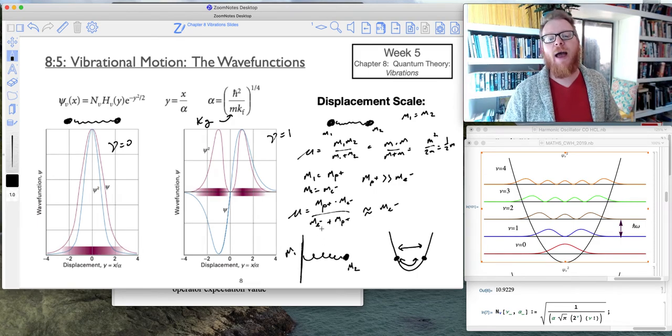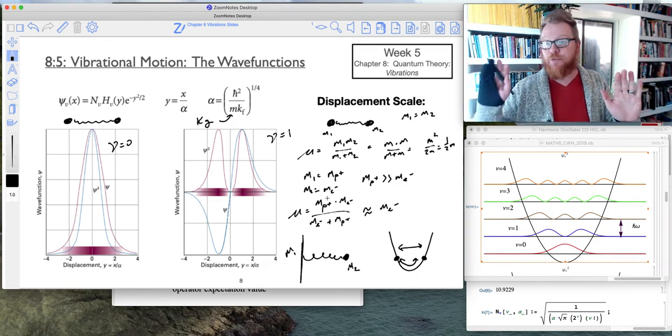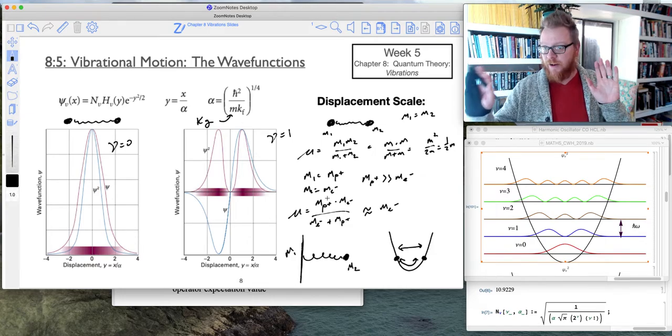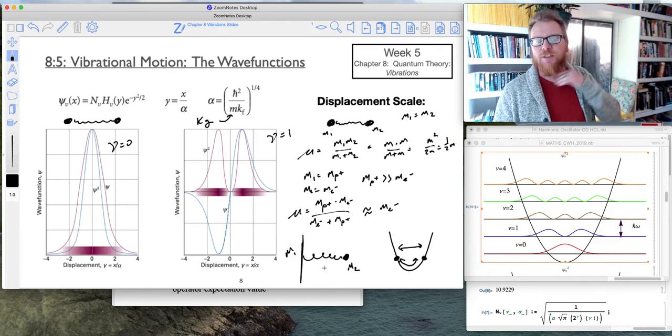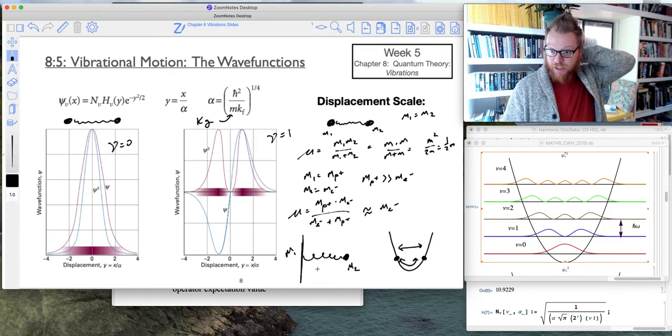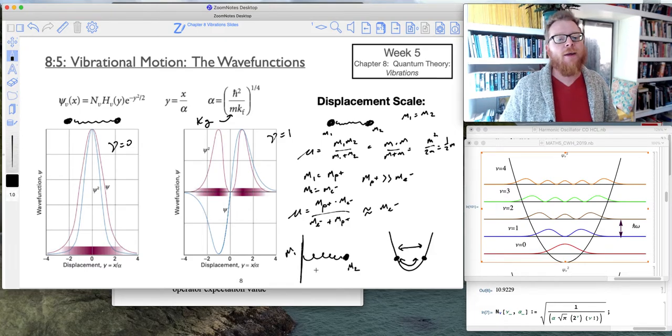Anytime we have two very different masses, one very light mass and one massive mass, this is what our picture looks like. And physical systems that have this picture where one mass is much greater than the other, as it turns out, follow this harmonic oscillator model beautifully.